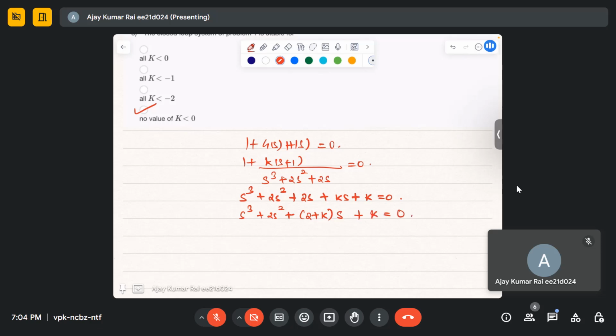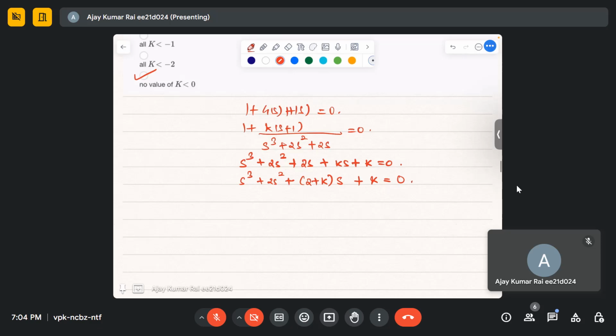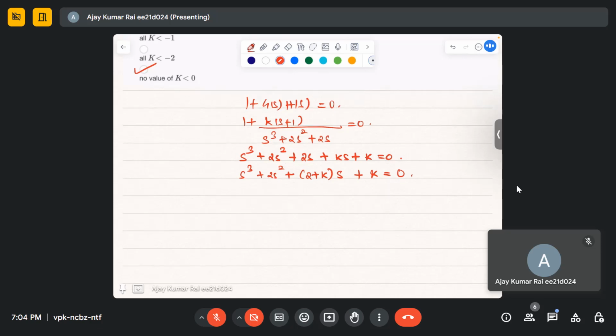So what was the necessary condition? The necessary condition was all the coefficients should be of the same sign. The coefficient of s cube is positive, the coefficient of s square is also positive, and the coefficient of s depends on k.